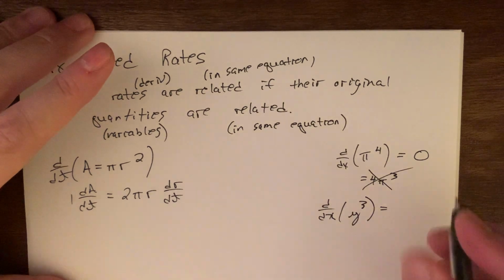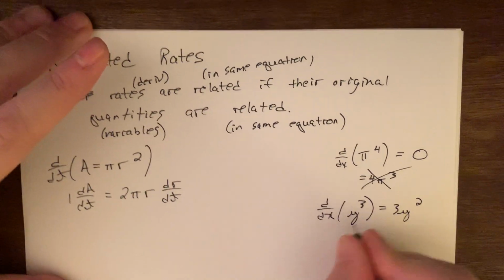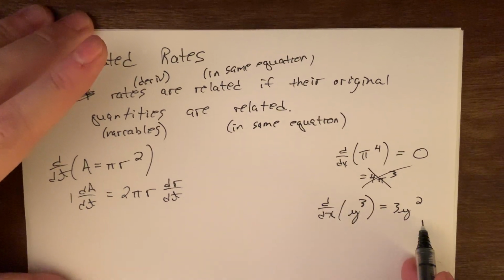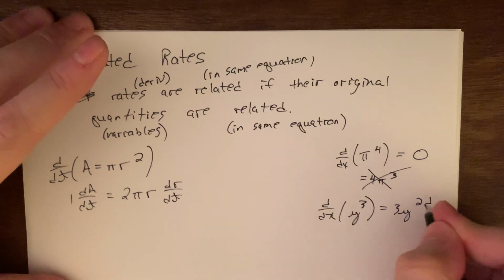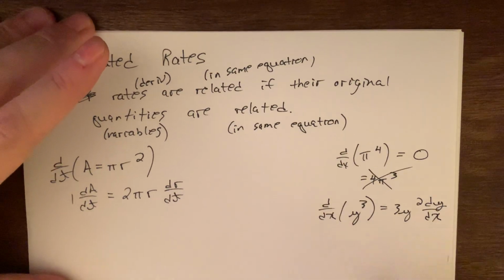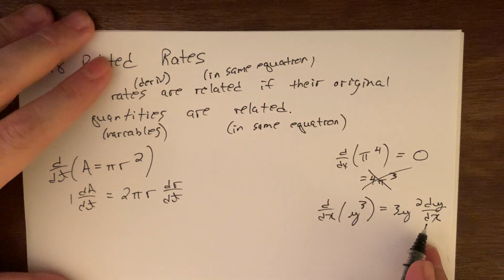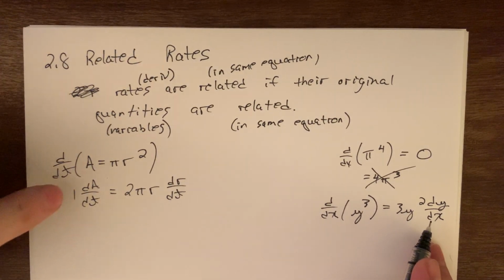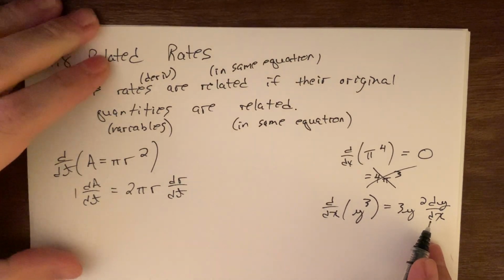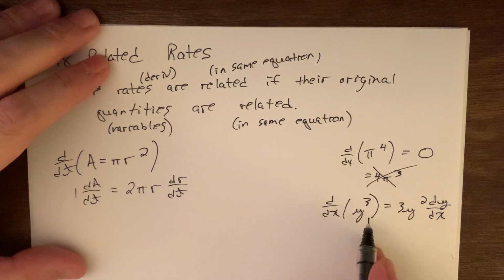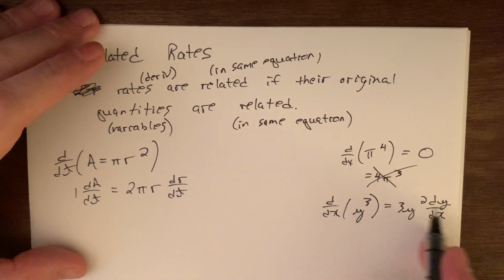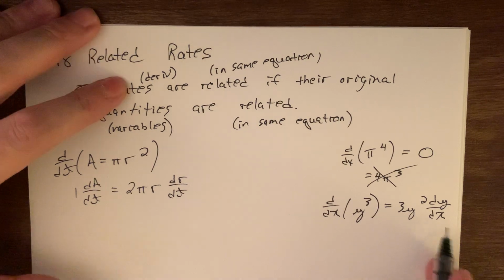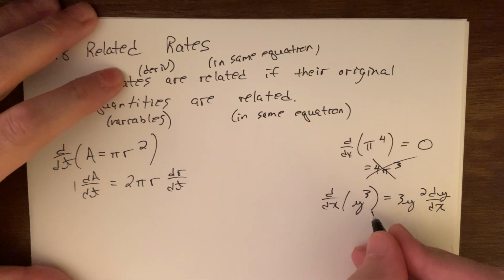We still did a plain regular derivative with the y, so y cubed has derivative 3y squared, but then it was marked dy/dx. And now we're doing that same thing with t, with time. If this was d/dt of y cubed, we get 3y squared dy/dt. Okay? It doesn't have to be a different variable.